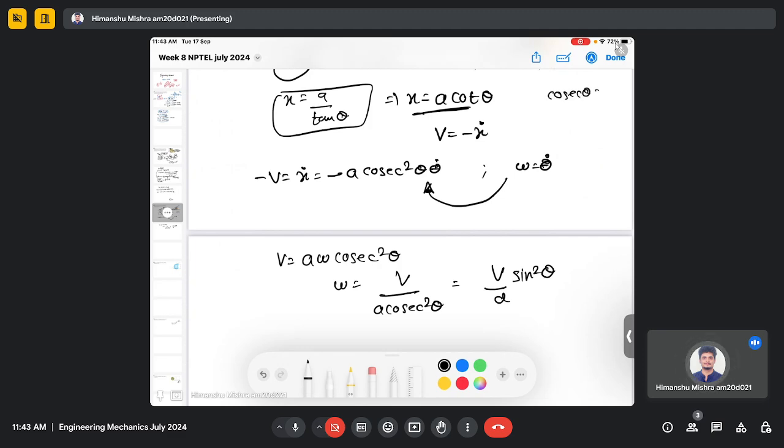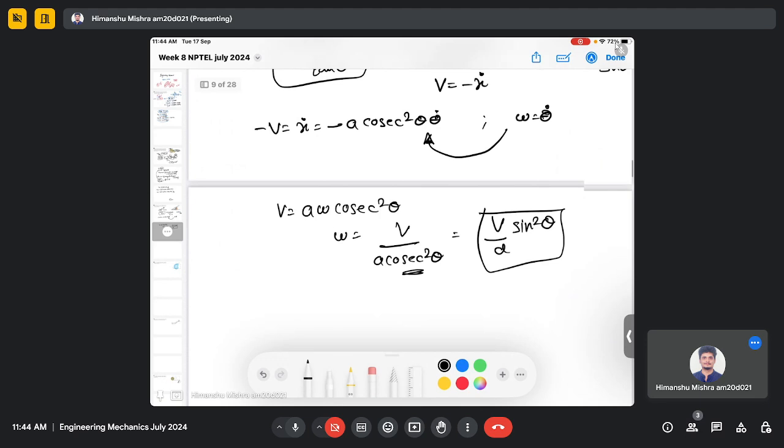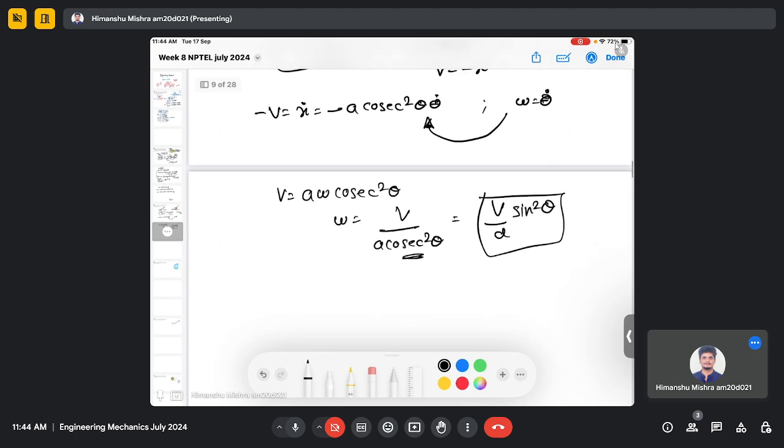Cosec theta is 1 by sine theta, so cosec square theta is 1 by sine square theta. So 1 by cosec square theta equals sine square theta. So my angular velocity will be v by a sine square theta. Right, so this is my angular velocity.